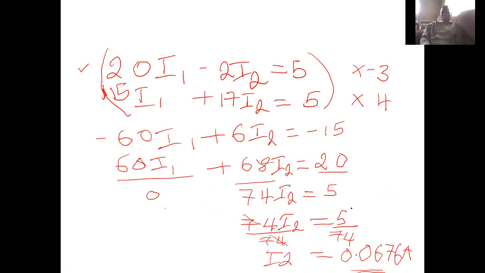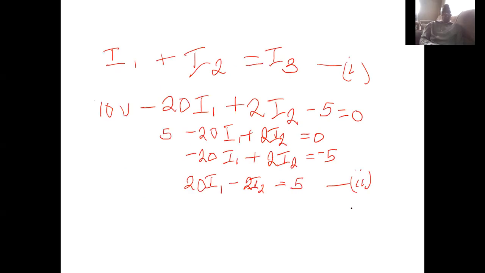And so for us to find I3, we merely use equation number 1. Since we have found this one, and you have found that one, you can just add them and then you'll be able to get I3. So you can say I1 plus I2 gives us current 3.